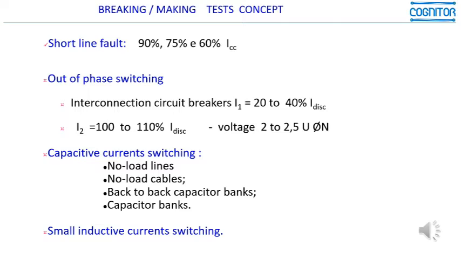You see that all of these circumstances are related to specific uses of the circuit breaker along its life. And for each one of them, you have different values of currents and different values of the transient recovery voltage that will be applied during the test.